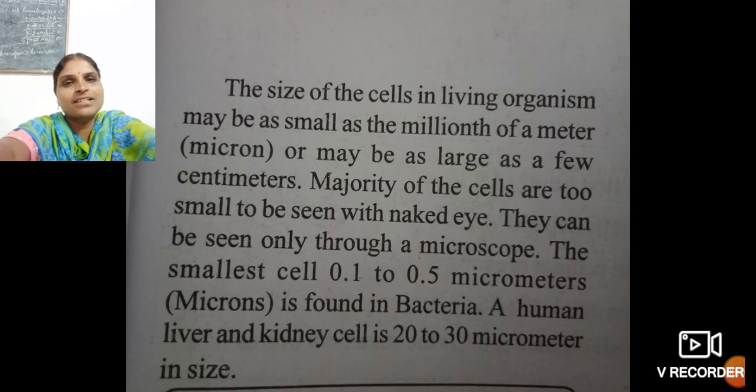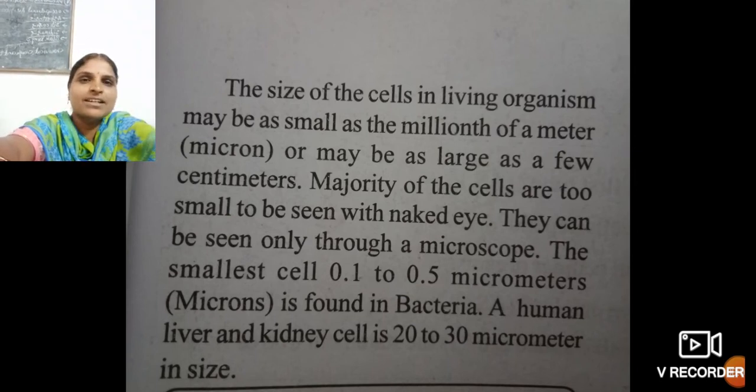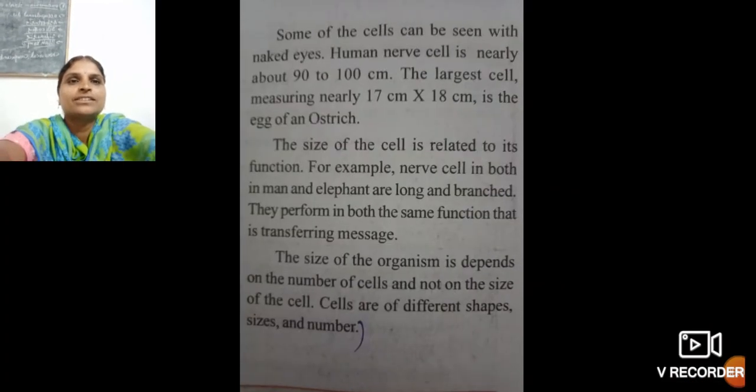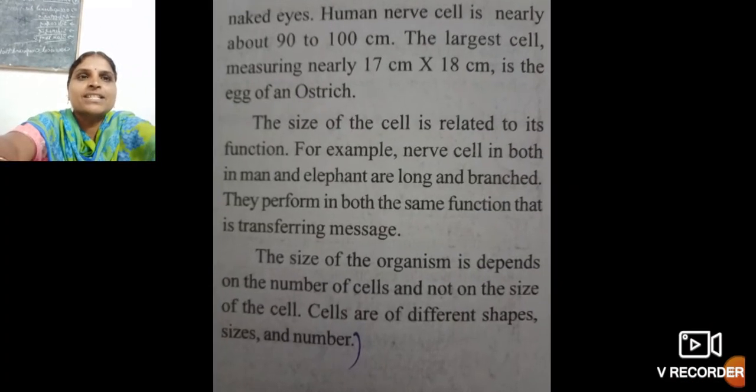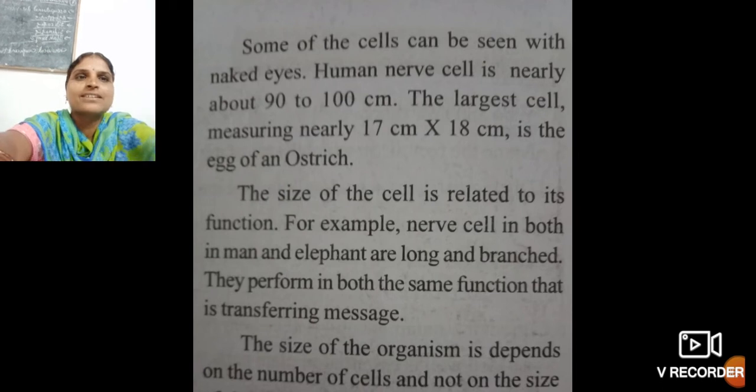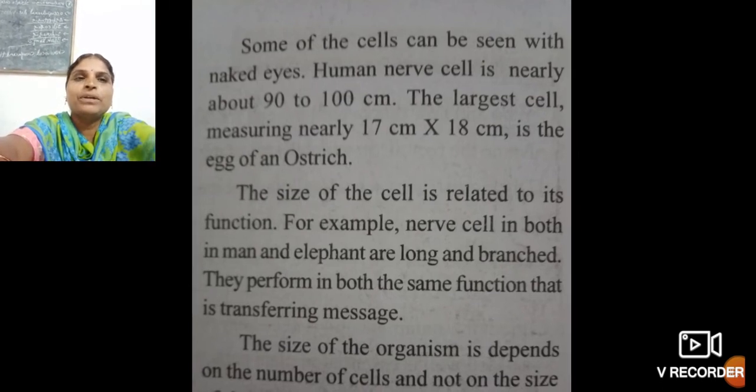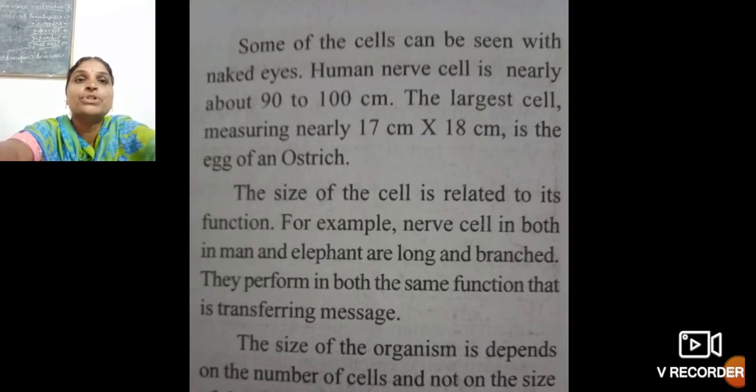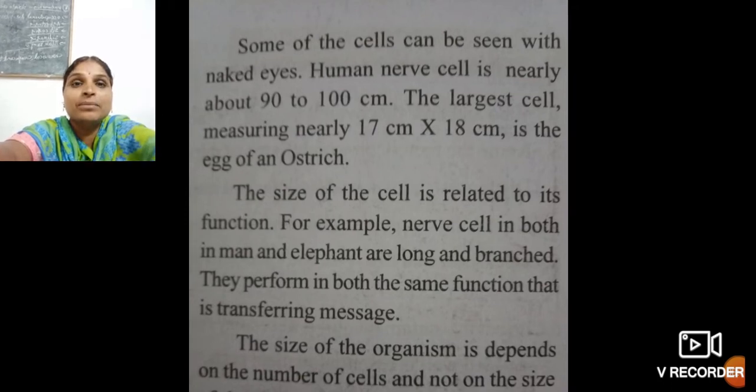Some cells are large, some are small. Some cells can be seen with the naked eye. The human nerve cell is nearly 90 to 100 centimeters.